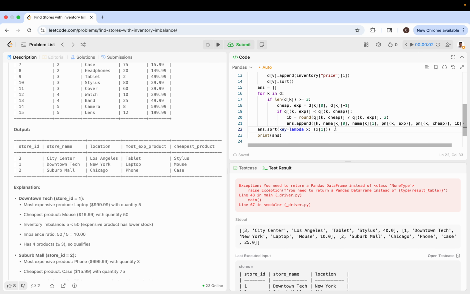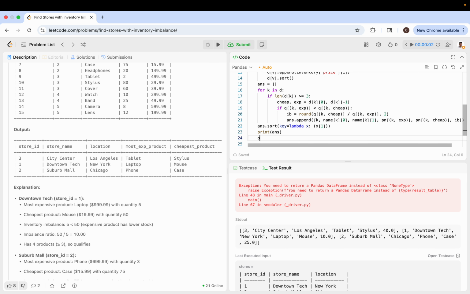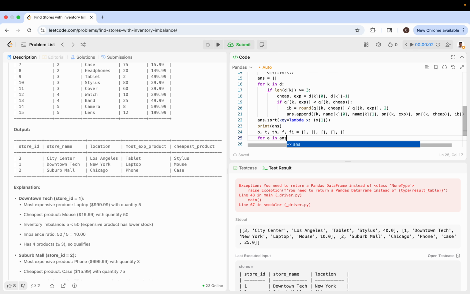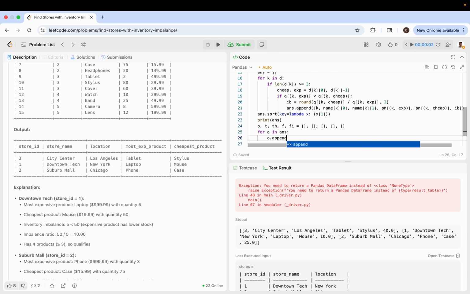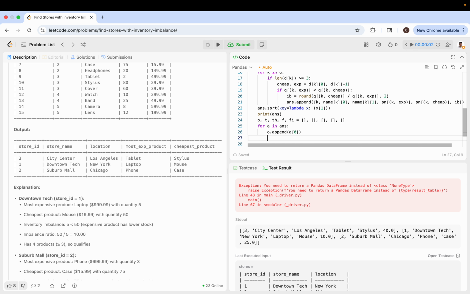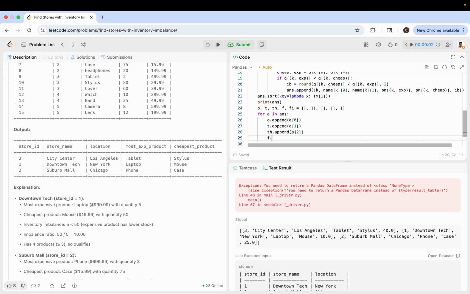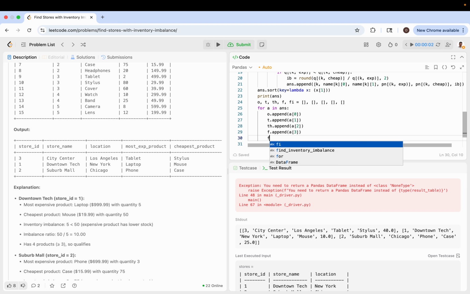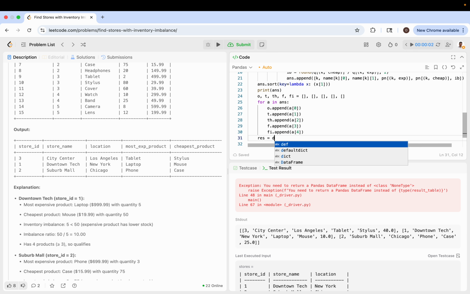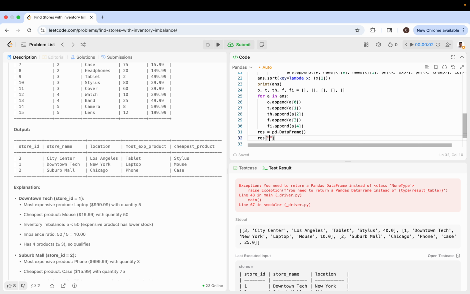I mean, that looks better to me, so let's go ahead and do this. 2, 3, 4, 5. For a in answer, 1 dot append a0. And then just declare an empty data frame as usual. Set each column in order.